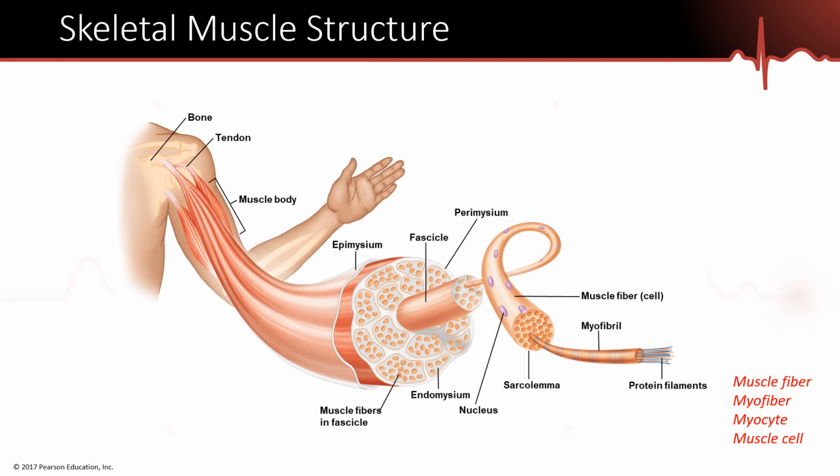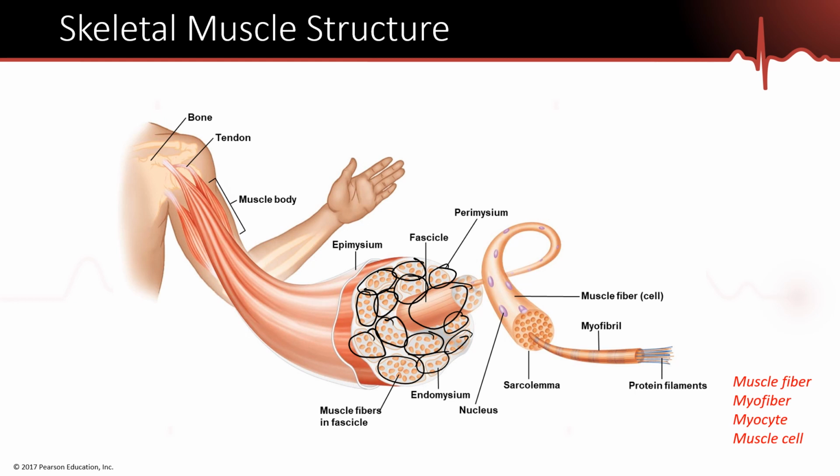Now, if we move deeper into the muscle, we'll find that a whole skeletal muscle, and this applies again to any whole skeletal muscle, is divided into these things called fascicles. These right here are each fascicles. You'll find this in any skeletal muscle. Internally, the whole biceps muscle, the whole deltoid muscle, the whole gastroc, if you look inside of it, it'll be divided into these things called fascicles.